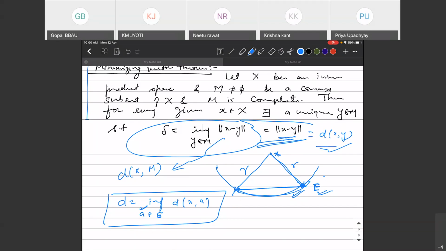Correct? We will see a proof of this. I have written its proof, so please read it, and if you have any doubt, then we will discuss it.